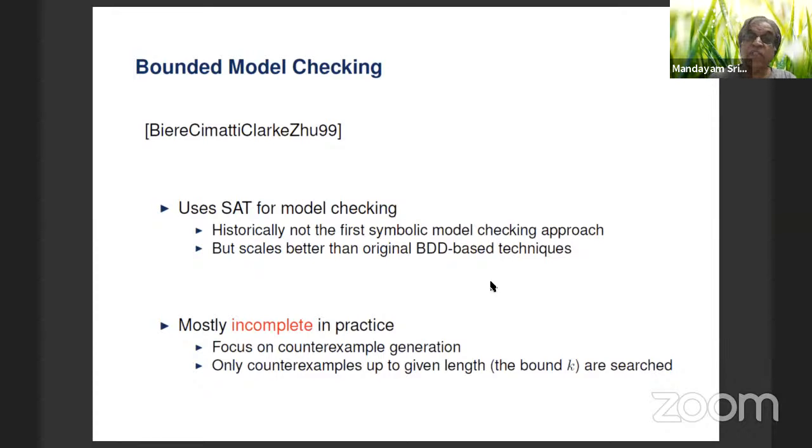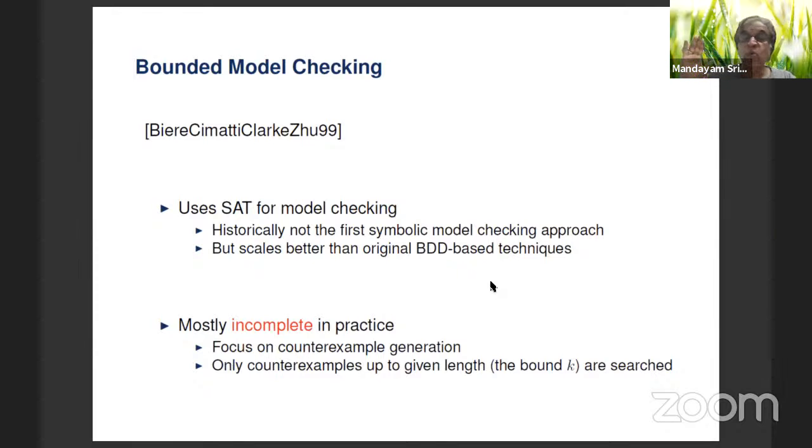And SAT solvers started becoming extremely competitive only after several breakthroughs that happened in the late 90s and early 2000s.